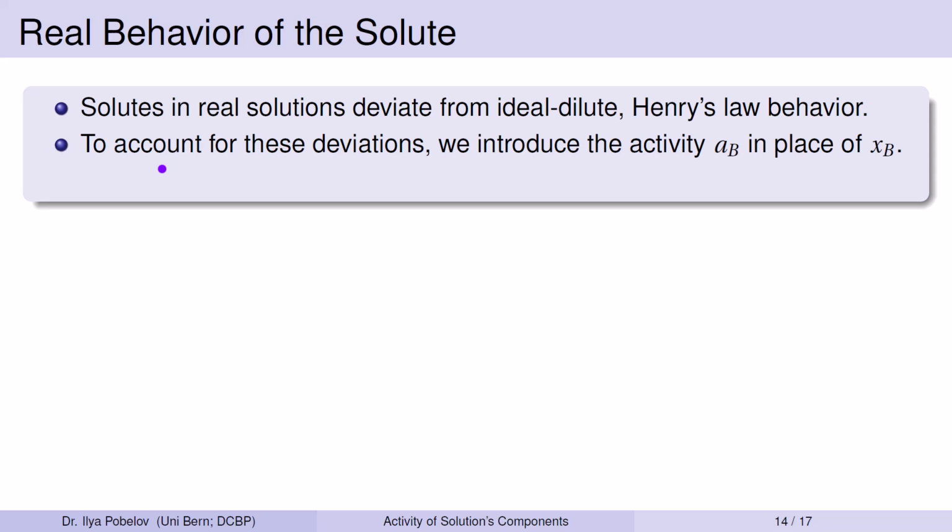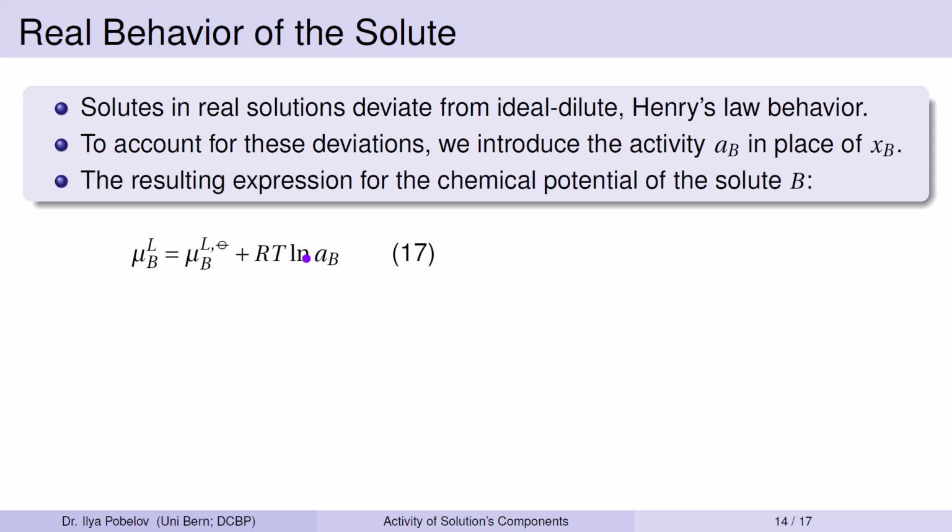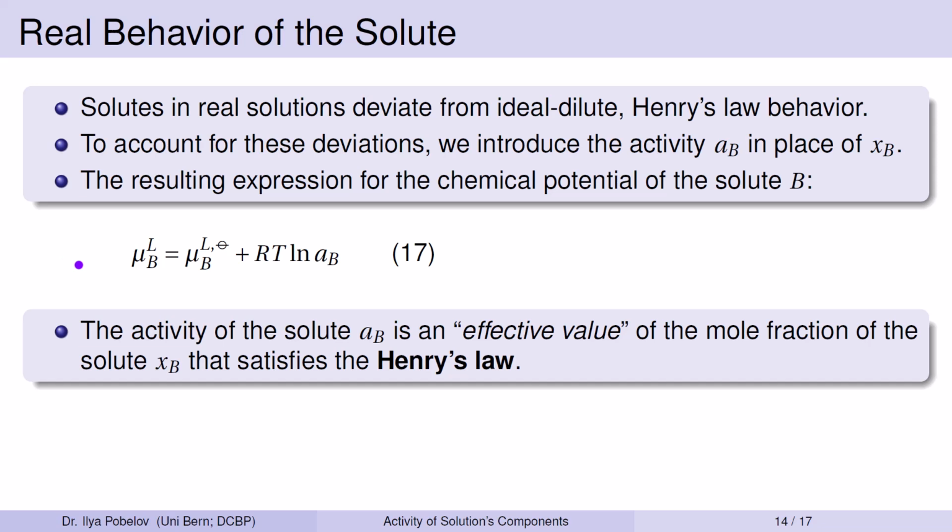To account for these deviations, we introduce the activity AB in place of the mole fraction xb, similar to the approach used for the solvent. This adjustment leads to the following expression for the chemical potential of the solute. Here, the activity of the solute is an effective value of the mole fraction of the solute that satisfies the Henry's law.